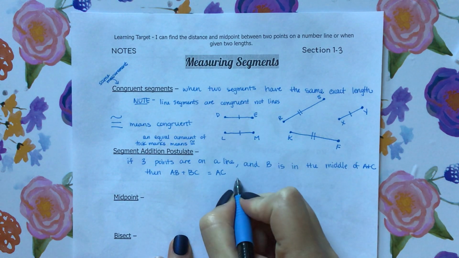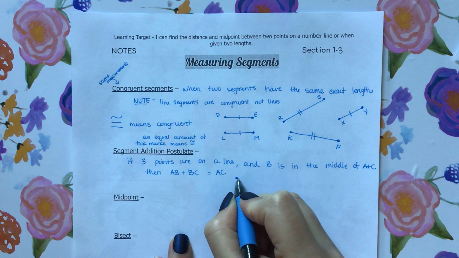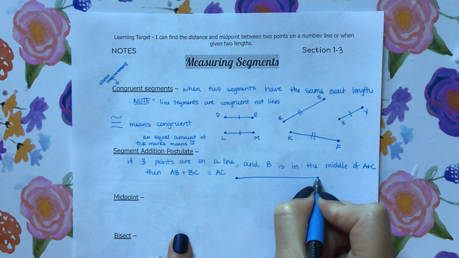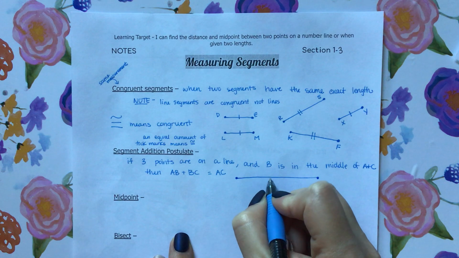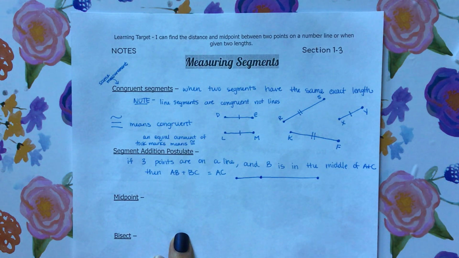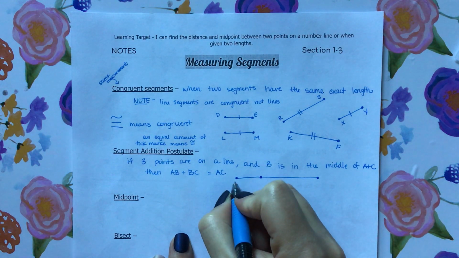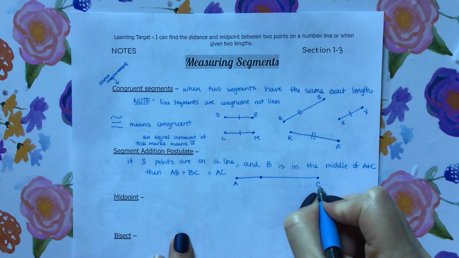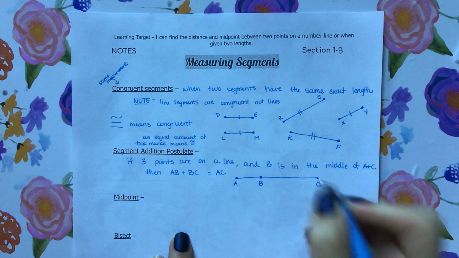Let's draw a picture so you can kind of see what that means. First of all, we have a line segment. And when you see this, some of you might be thinking, okay, why did we have to write this out? Well, we have to have our ground rules, like our foundational rules for geometry. So we have points A and C at the endpoints, and B is in the middle.